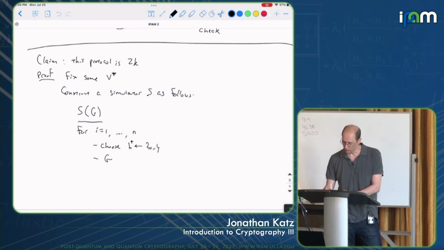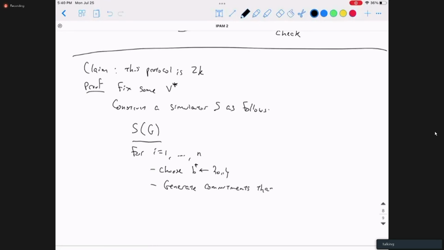We're going to generate commitments that are consistent. And again, what I mean by consistent is just what I said: if we guess that b star is 0, we're going to send commitments to a permuted copy of G. If we guess that b star is 1, we're going to send commitments to just a Hamiltonian cycle, a bunch of zeros and then a cycle of 1s.